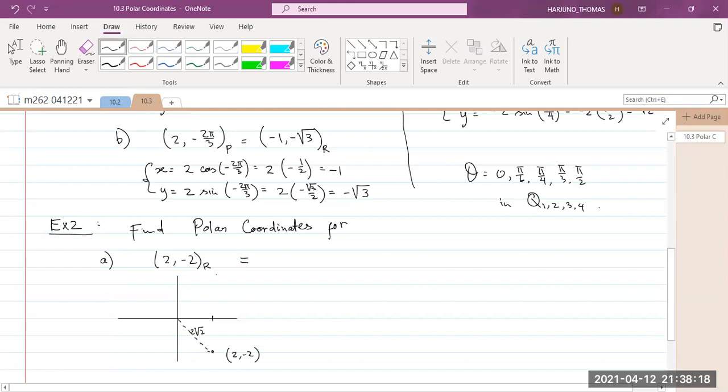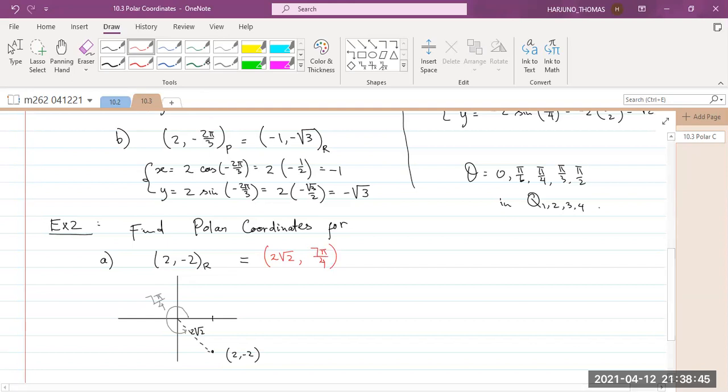Now then, the angle here is 7 pi over 4. Okay, so one way to represent this polar coordinate is 2 radical 2, that's the radius, and the angle 7 pi over 4.